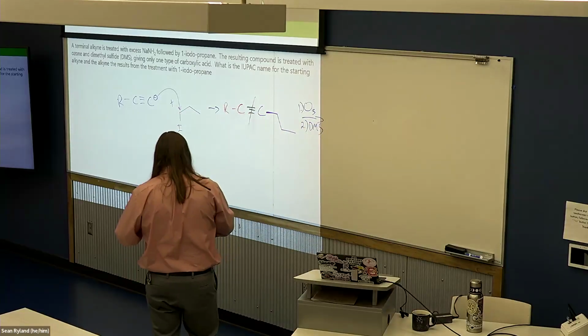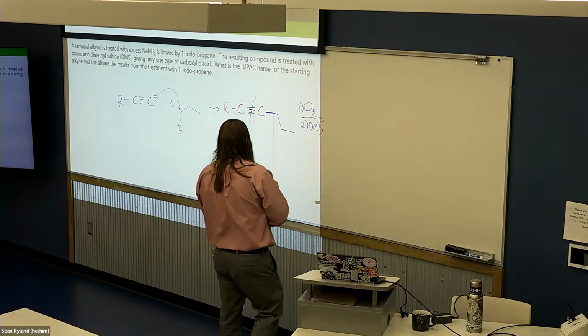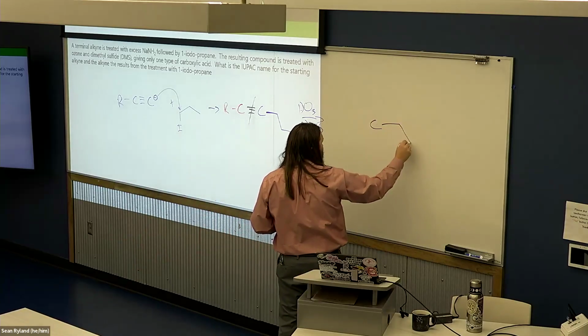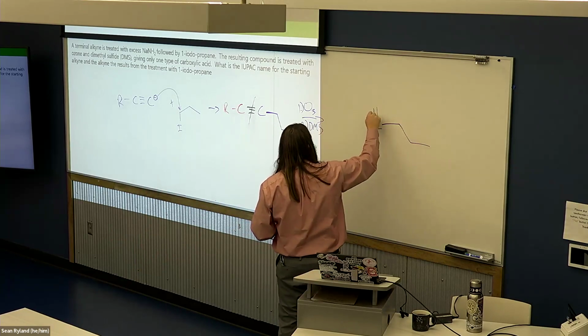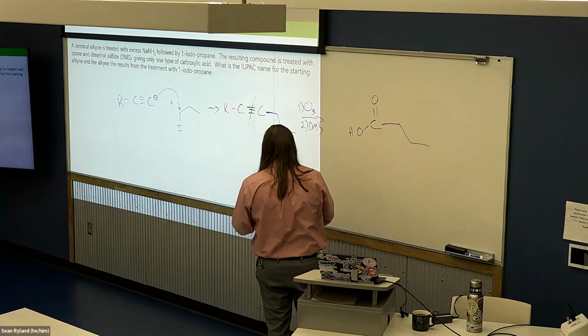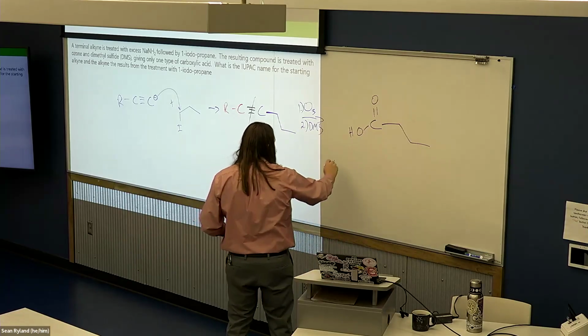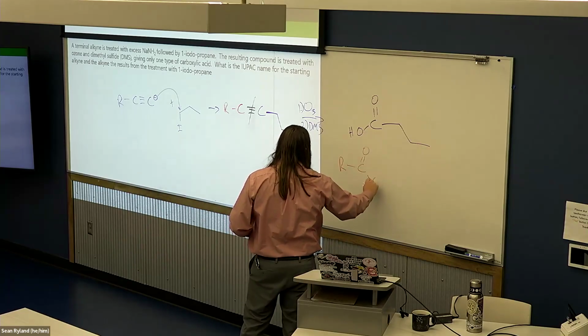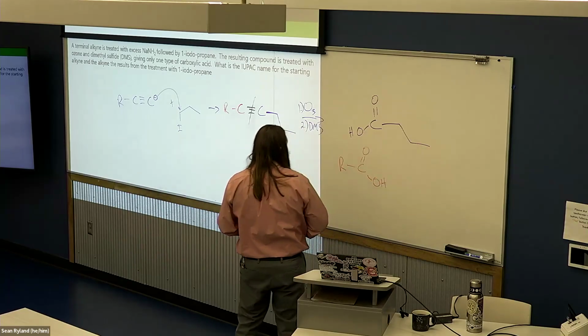We get 1, 2, 3, and the rest of this turns into a carboxylic acid. The red side is still R, and it also turns into a carboxylic acid.